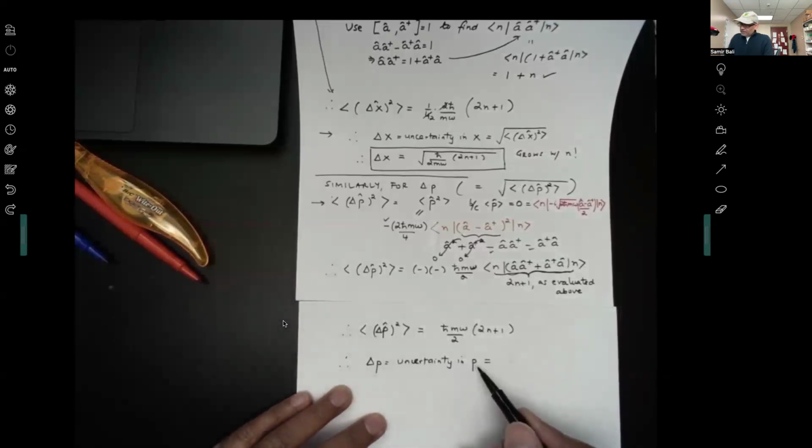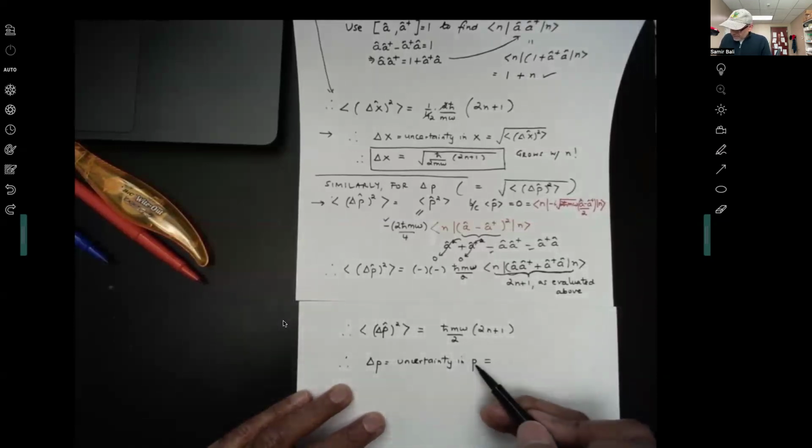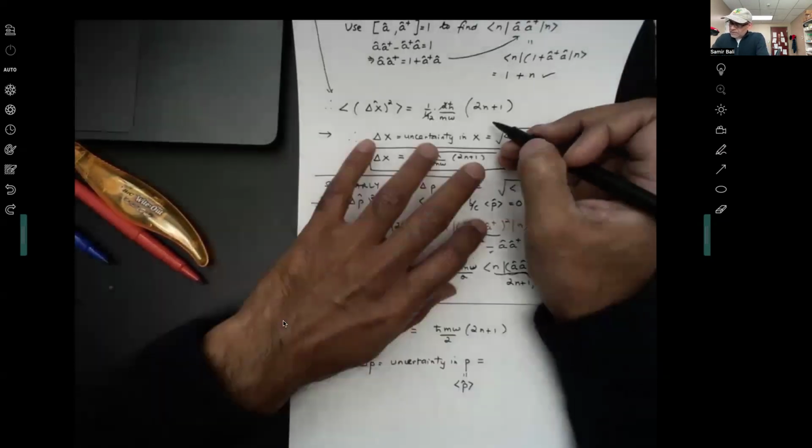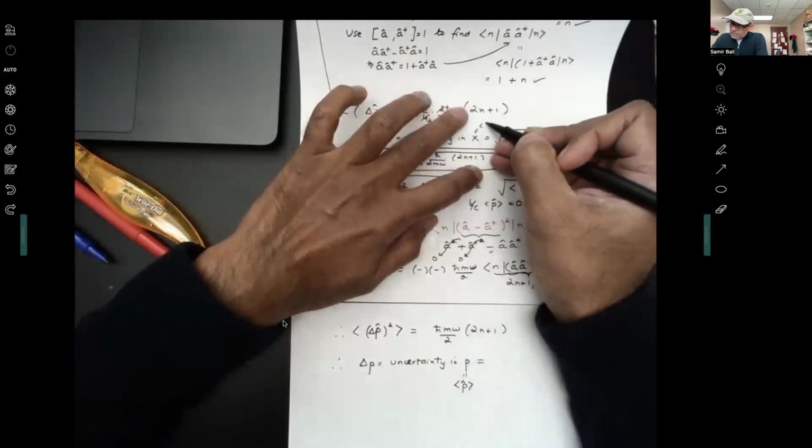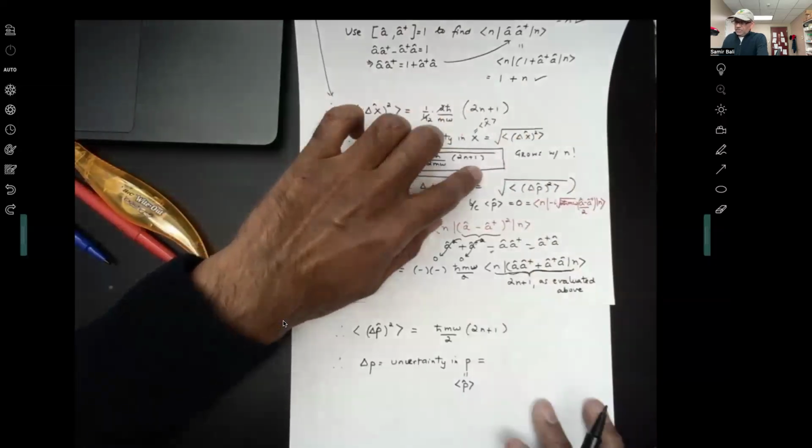Whenever we say momentum, not the operator momentum, we are referring to the measured value or the expected value of the momentum. Same as when we were talking about uncertainty in x, that means the measured value of x.